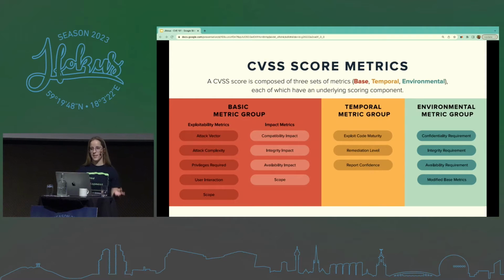So these things, the CVE, CVSS, they're fairly commonly known and are tools to be able to discuss and communicate vulnerabilities.